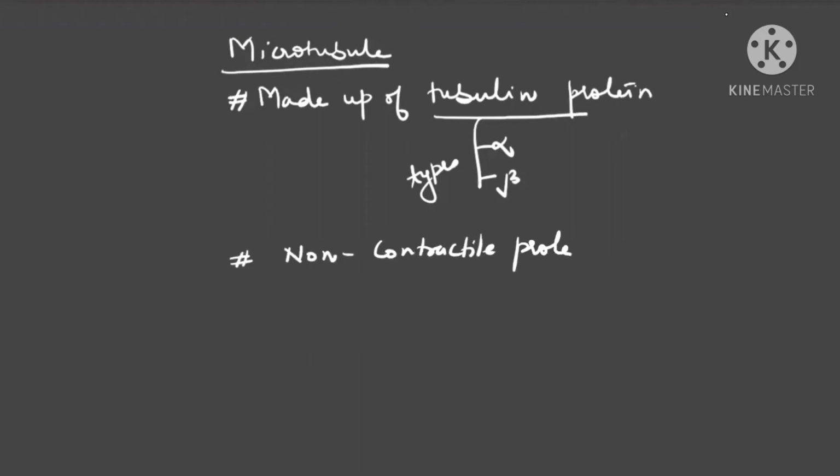If we see only one microtubule, see the diagram carefully. Let us assume this is one tubulin protein. I'm drawing it in alpha form. This is the wall, and this side is also wall. The total diameter of this tubulin protein is 25 nanometer with the wall.